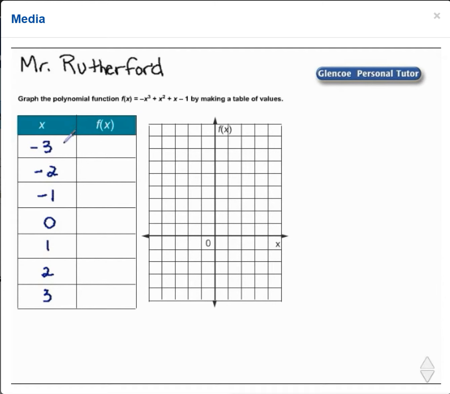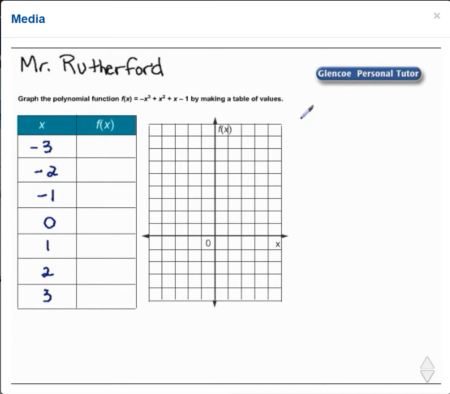The reason I chose these numbers is if we look at this graph here, notice that our x-axis has 5 units to the right, so I couldn't pick a number bigger than 5, and it's the same to the left. Notice we have 5 units to the left, so I couldn't pick a number smaller than negative 5. So here we have both sides of the origin. So let's substitute these values into our function.